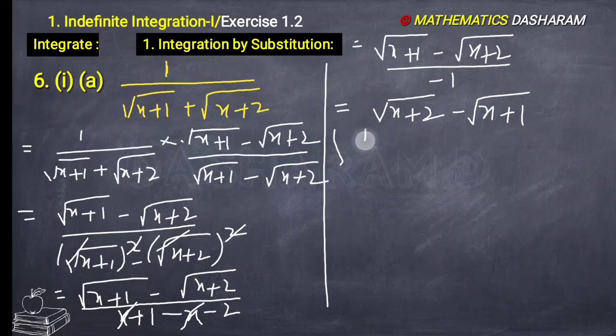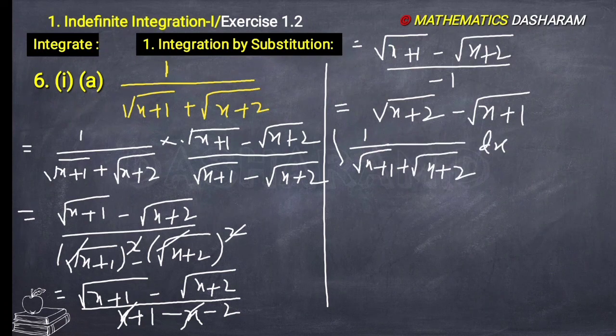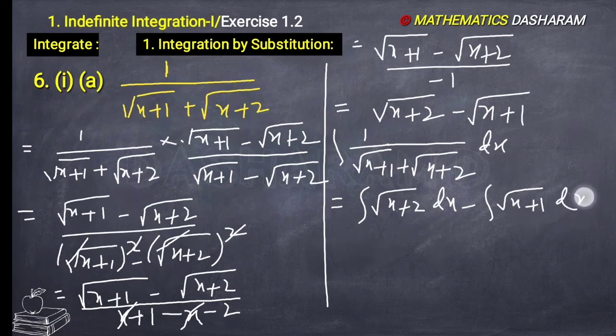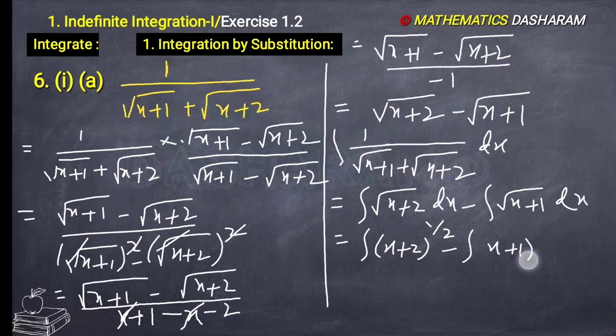Now apply the integration for this. So integration of 1 by root x plus 1 plus root x plus 2 dx equals integration of root x plus 2 dx minus integration of root x plus 1 dx. So it is equal to root x plus 2, which can be written as x plus 2 whole power 1 by 2, minus integration of x plus 1 whole power 1 by 2.